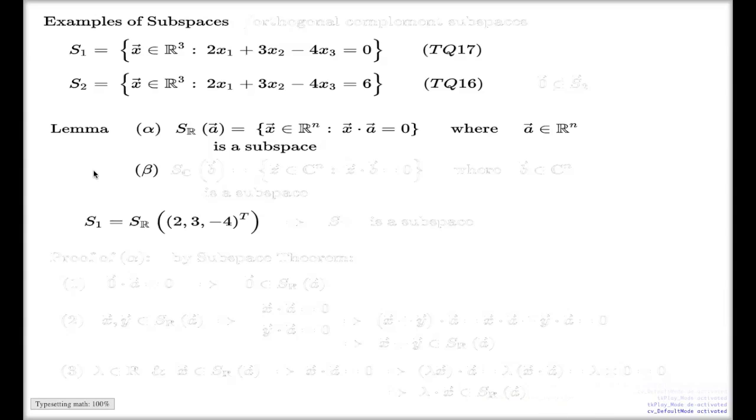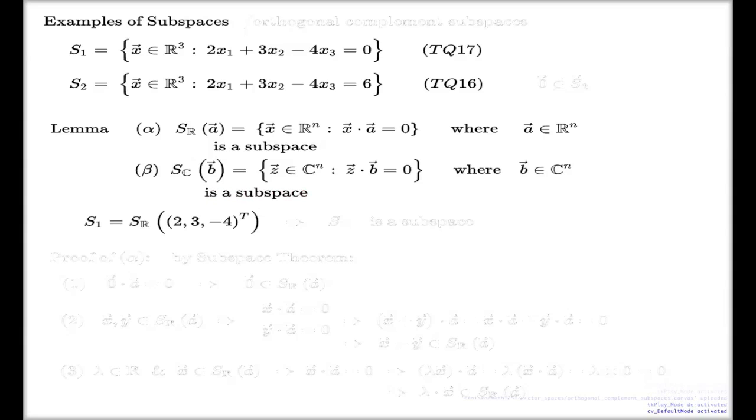So my lemma in fact has a part beta, which says if I do the construction like this, S subindex C for complex numbers with the vector B here, such that my Z is a collection of all n-tuples, this time with complex components, such that they are perpendicular, and we know the dot product can be done on complex vectors as well, perpendicular to this given vector B, such a collection is also a subspace.